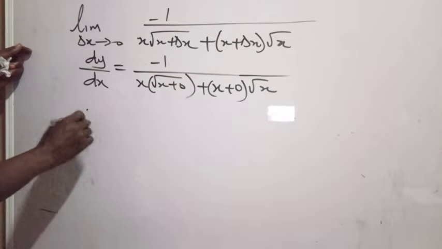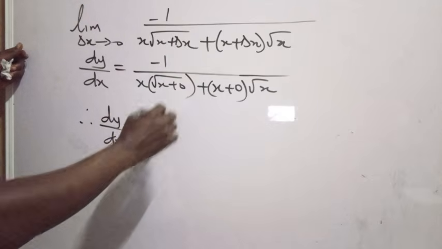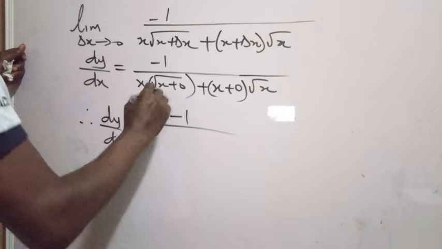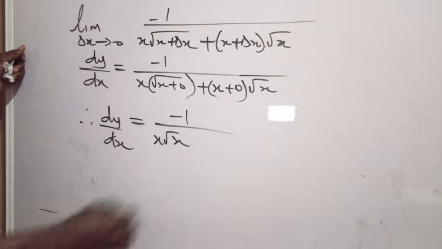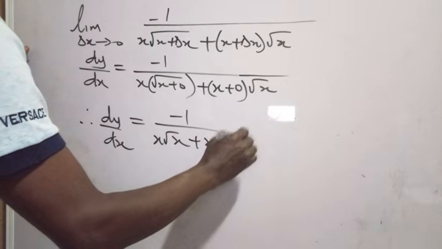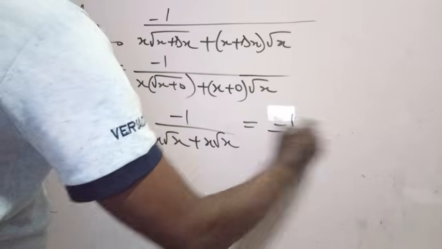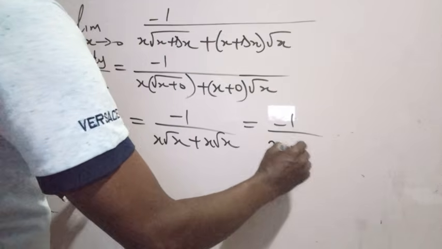So we have, therefore, dy dx is equal to minus 1 all over x root x, because root x plus 0 is root x, plus x plus 0 is x multiplied by root x. So that's minus 1 all over x root x plus x root x. How many? 2x root x.